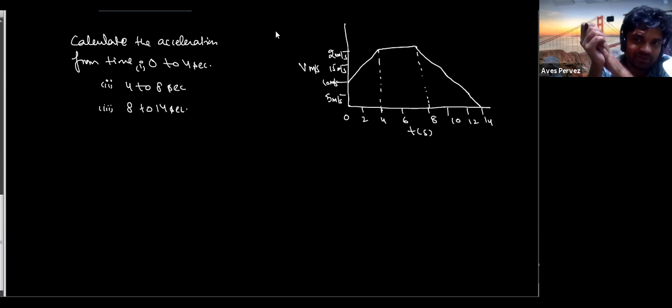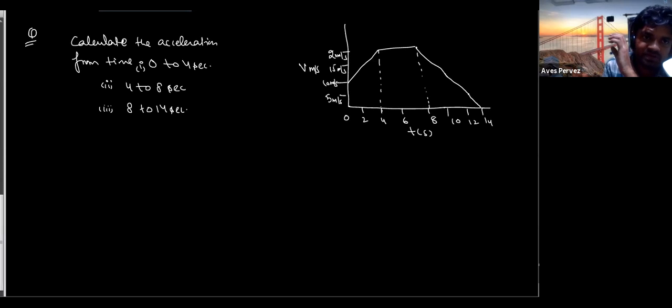So, Muradullah, we have a question right now. Are you able to solve this? This is a VT graph, velocity time graph. What is the acceleration from t equals 0 to 4 seconds?